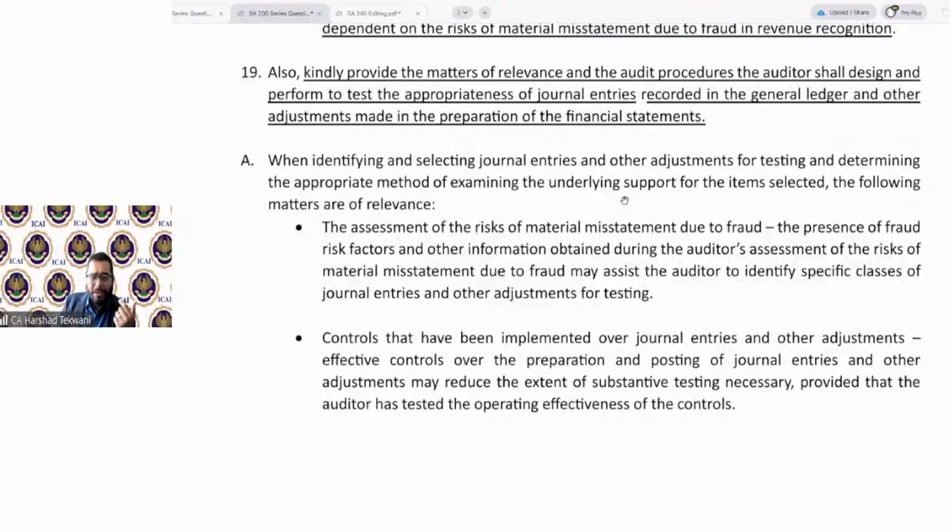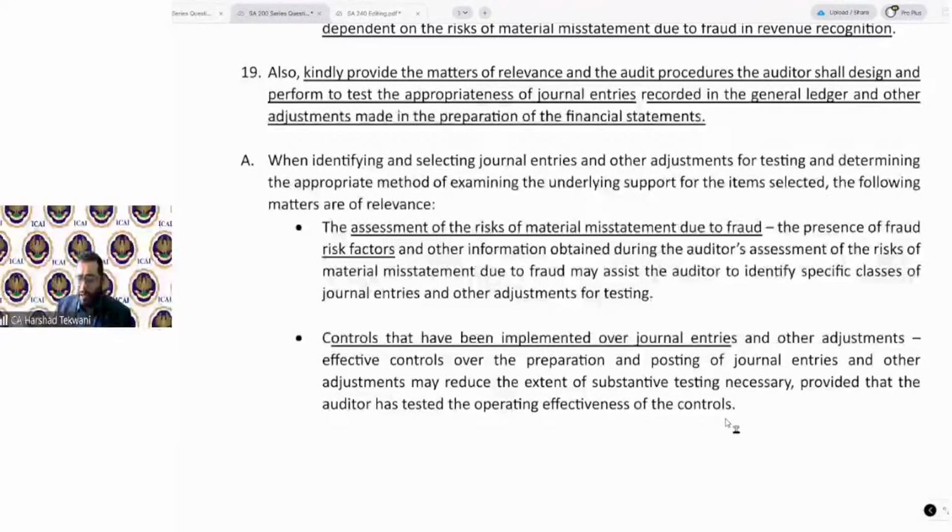When we are required to decide the matters of relevance in the audit procedures, what will we understand first? We'll perform the assessment of risk of material misstatement due to fraud. That is, we'll assess whether fraud risk factors are present or not. Then we'll understand the controls implemented over journal entries.